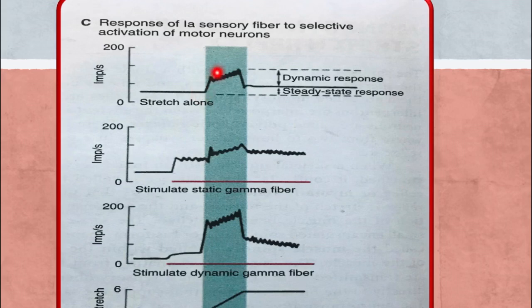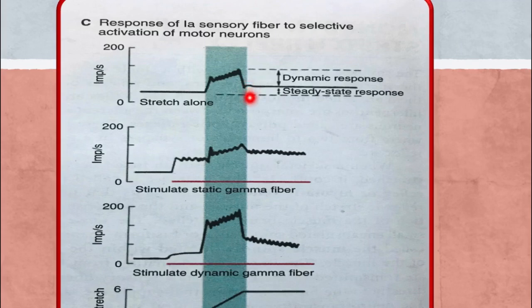stretch. So, there is some generation of action potential, activity of 1A fiber is happening. It happens and we keep on providing the stretch, then it will come back toward the basal line, but since we are providing the steady state stretch, it will not reach the basal line, it will stay a little bit above it.